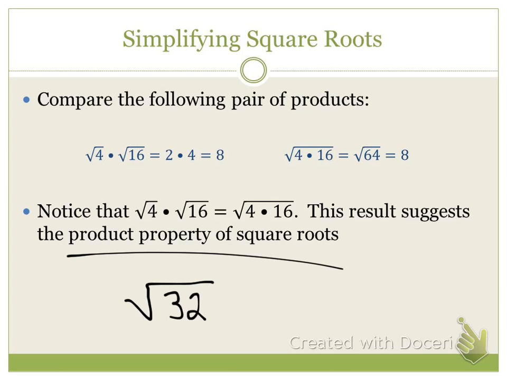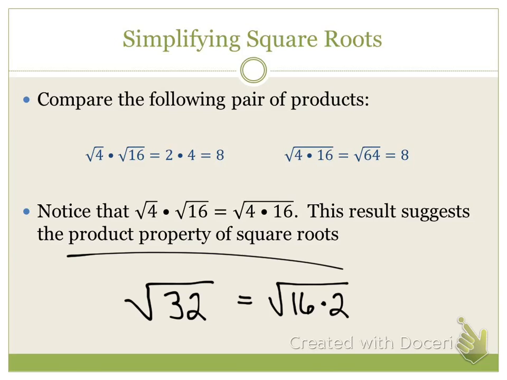Is it a perfect square? No, it's not. But it has factors that are perfect squares. The largest of them is 16. So I could say that the square root of 32 is the same thing as the square root of 16 times 2, right? 16 times 2 is 32.